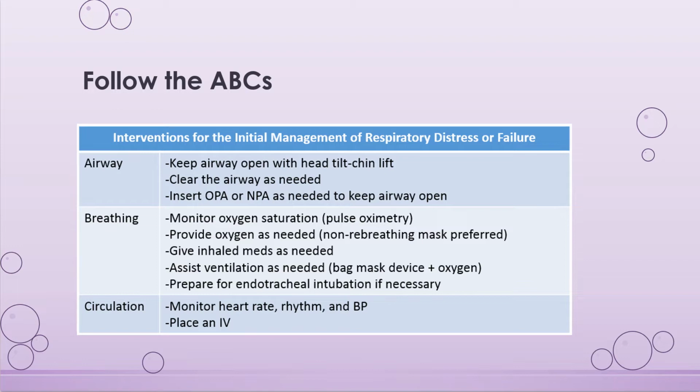And we may prepare for endotracheal intubation, right? If there's an airway issue or they're not breathing sufficiently for long enough, we may decide, if we can't reverse it, that we're going to have a machine do the breathing for them. And circulation, we're going to monitor heart rate, the rhythm, the blood pressure. We're going to place an IV, right? We're going to support circulation as much as possible.